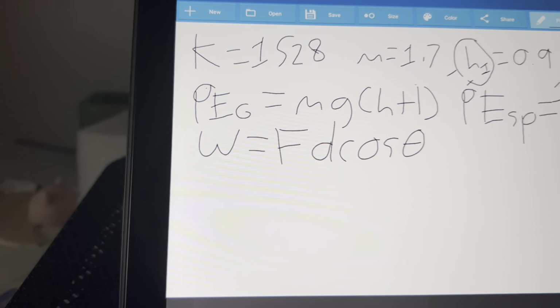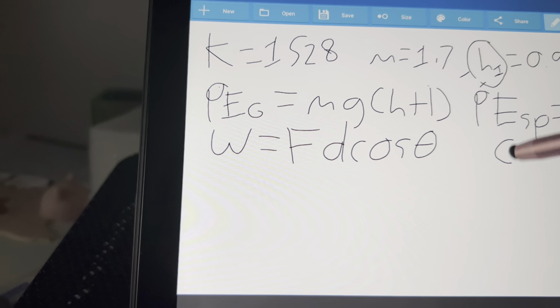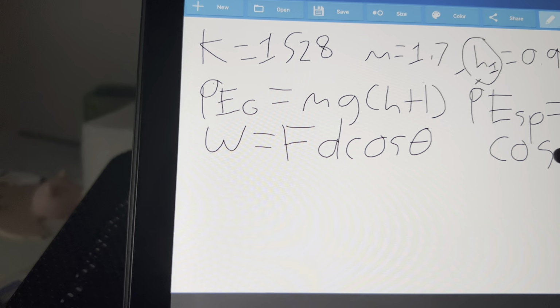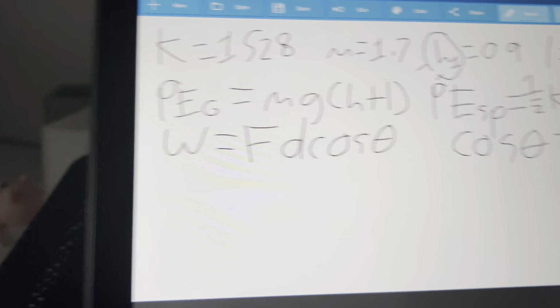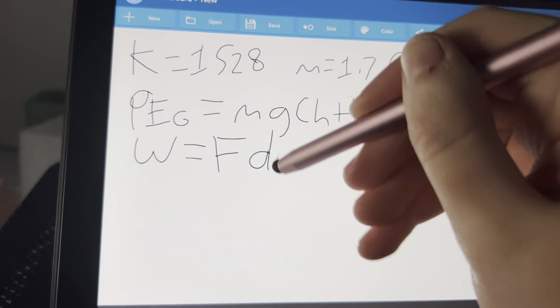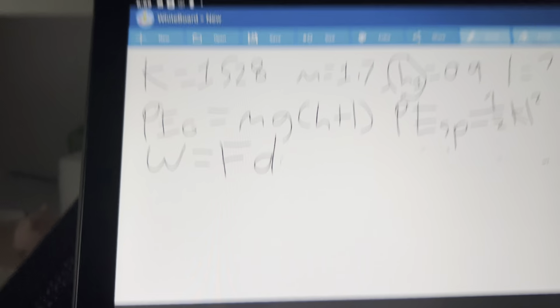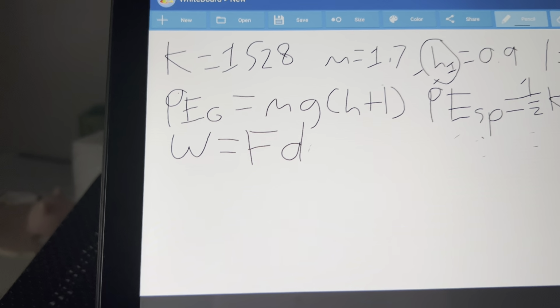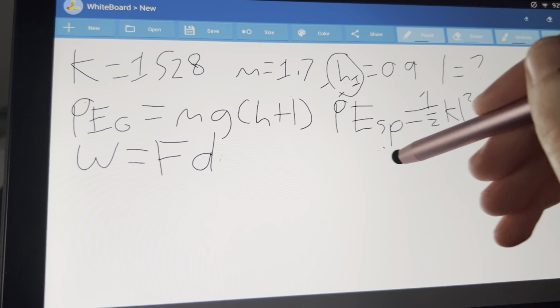So cosine of theta is equal to 1, right? When you multiply 1 by anything, you basically get the same thing.